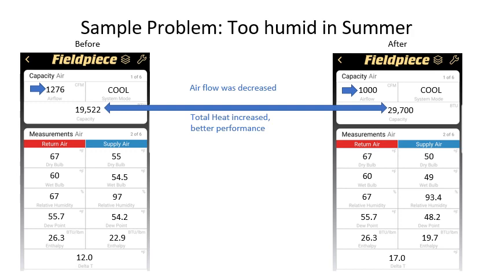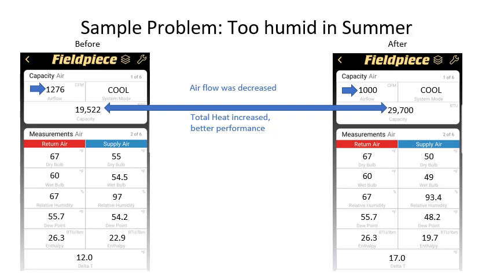Before we had 19,500 total heat, now we have over 29,000 total heat. So our total heat and our performance actually got better by slowing the fan down. This may not make a lot of sense, but sometimes if you are running too high of a blower speed, your airflow is not spending enough time in contact with the evaporator for it to do any good.